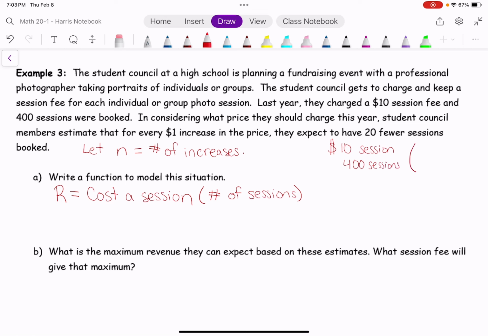They're telling me that for every dollar increase, I'm going to have 20 fewer sessions. So it's me talking about the dollar increases. So that's per one, and then I'm going to have 20 fewer people down here.